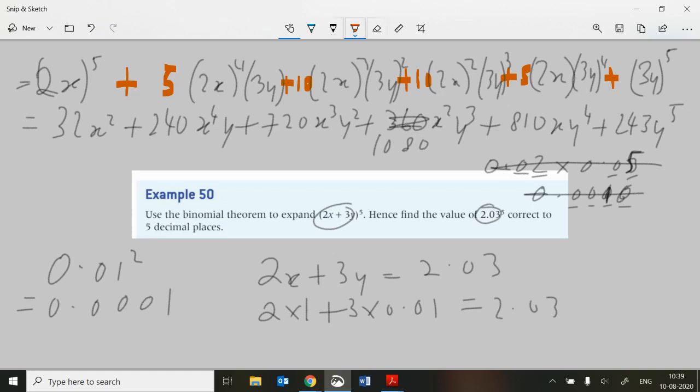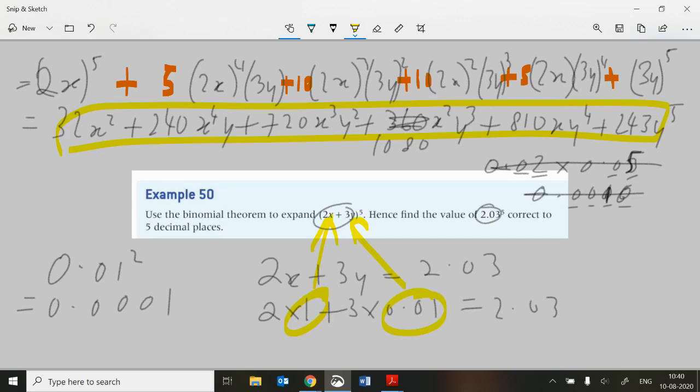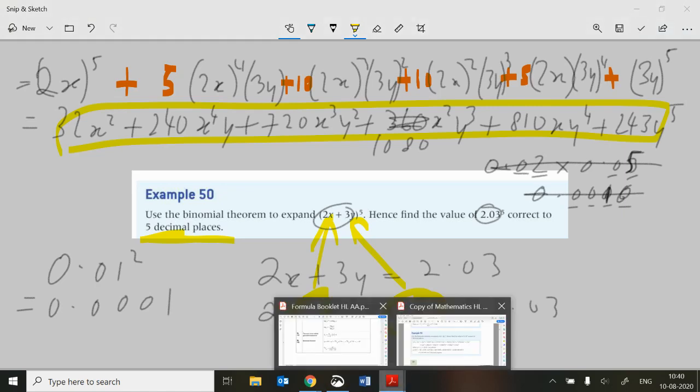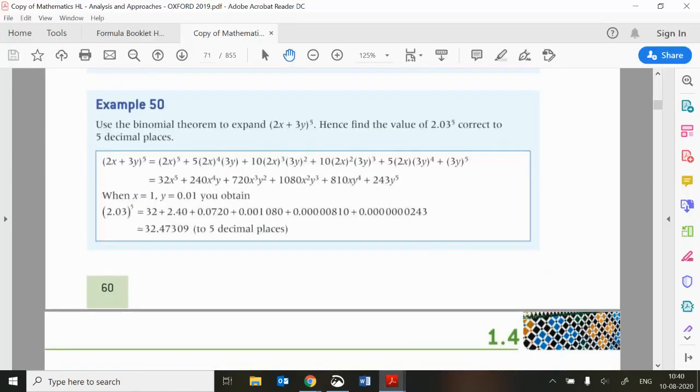Okay, so what are we talking about? Talking about substituting in 1 for x and into this thing here, and substituting in 0.01. And then you can calculate this thing to 5 decimal places. To spare you the chat, that's exactly what's happened here. And you can see that 2 to the power of 5 gives you the 32 at the front.